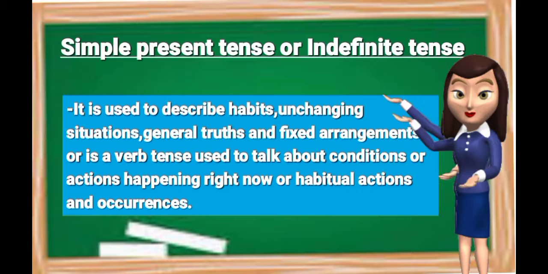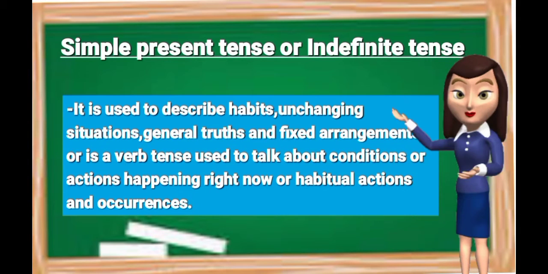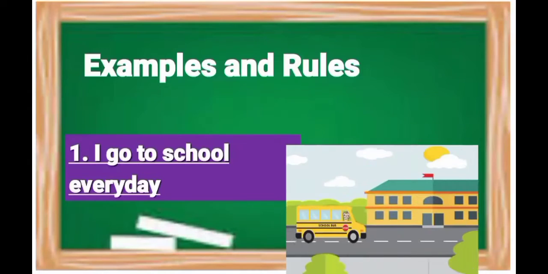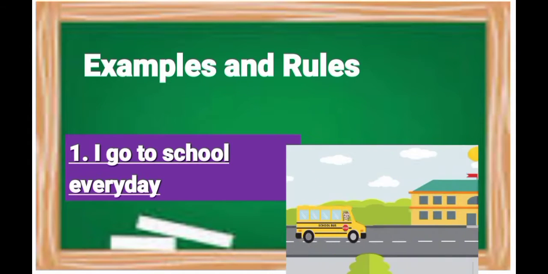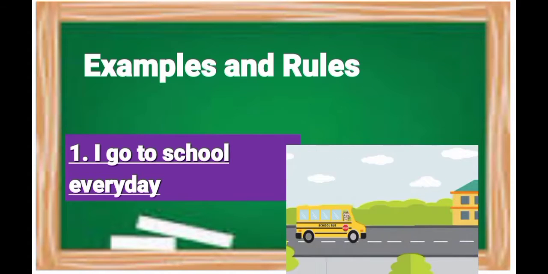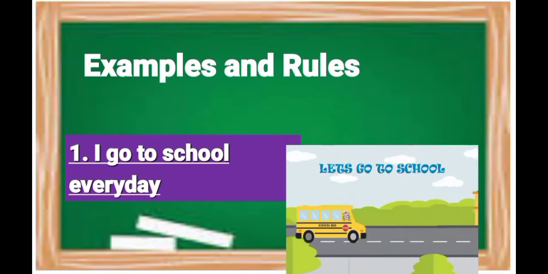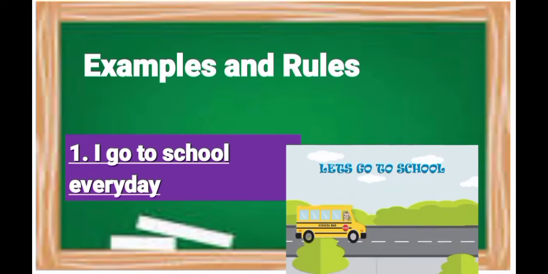For us to understand simple present tense, I have examples. I go to school every day. Go is the present tense, an action that is still happening. We can identify the simple present tense through description of a habit, unchanging situation, or schedule.